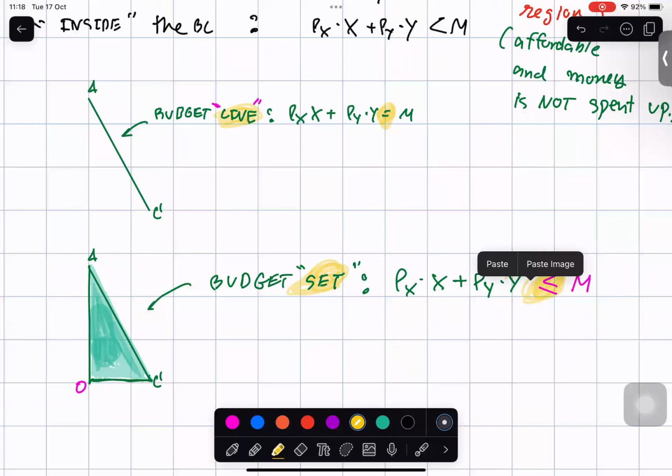If you want to show all choices that this guy can pursue, this is the space that he can spend his money on, regardless of whether money is spent up or not spent up. This is his financial freedom. Outside, bye-bye. No, you cannot. Okay, that's the budget line.